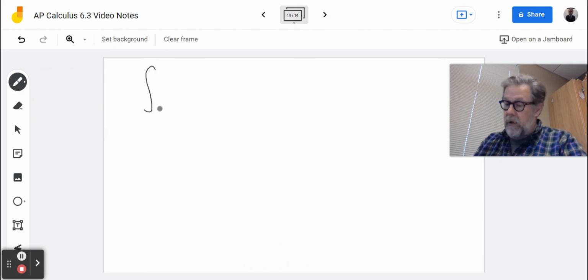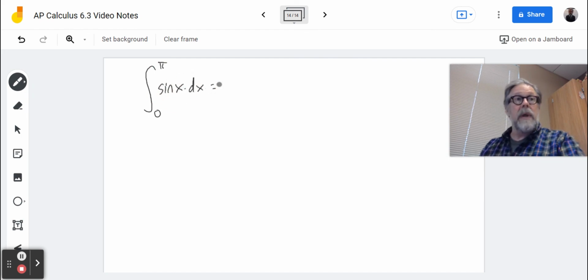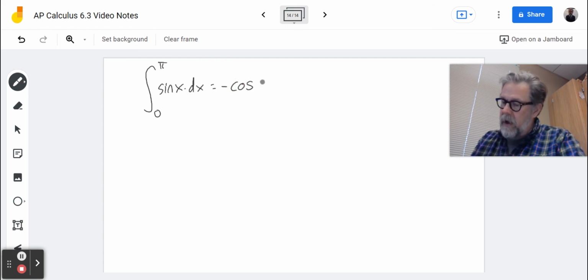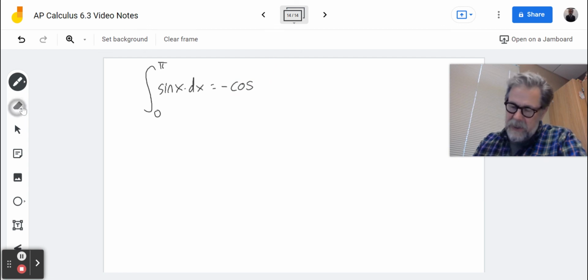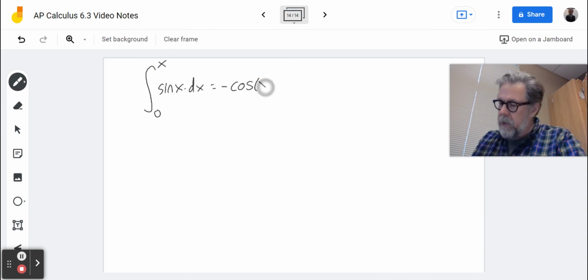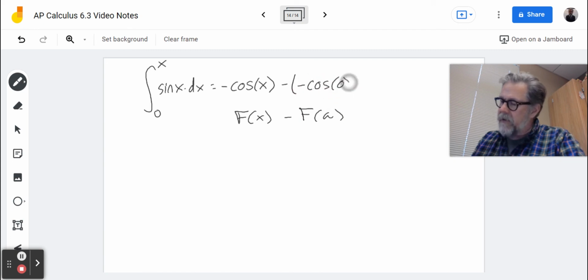Let's find the integral from 0 to pi of sine of x dx. Well, we know that the antiderivative of sine is negative cosine. So this will be negative cosine of x minus, this is F of x, the antiderivative, minus F of a, well, minus the negative cosine of 0.